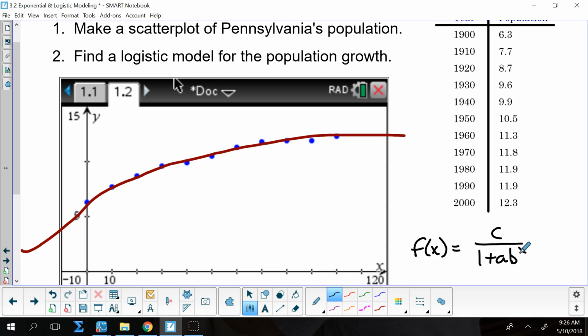Another way is if you have enough data and this last part has kind of leveled out already, that means it's probably almost at the maximum. So what do you want to go with as a C value for our upper limit, our upper bound? 100 would be way off the graph, up above the ceiling. 13?